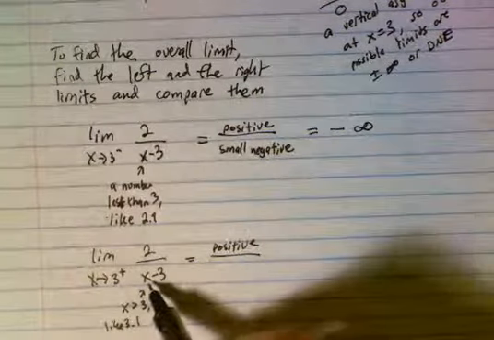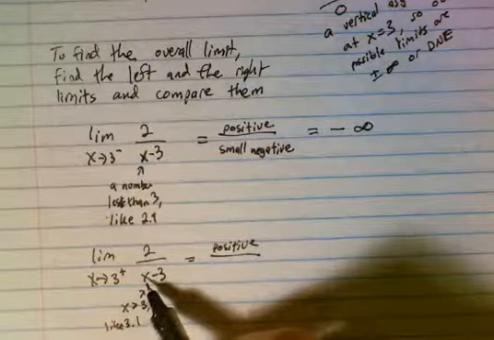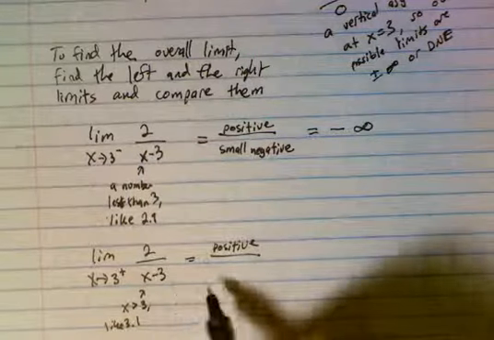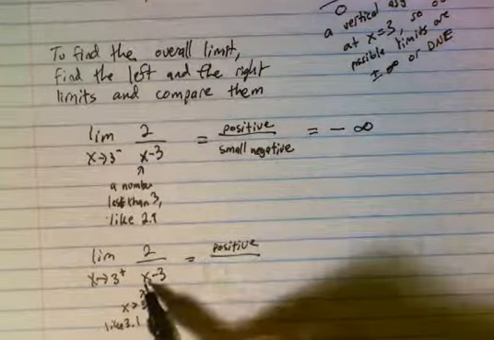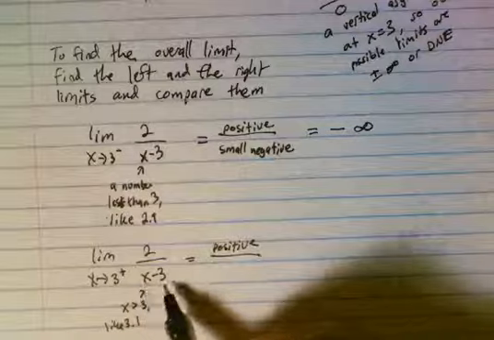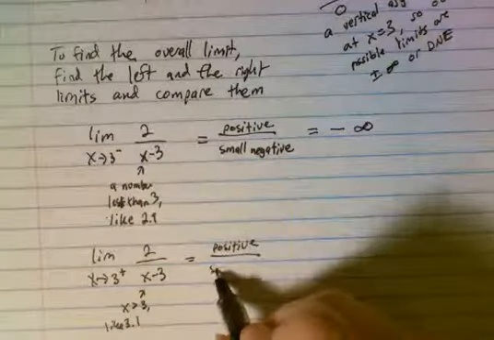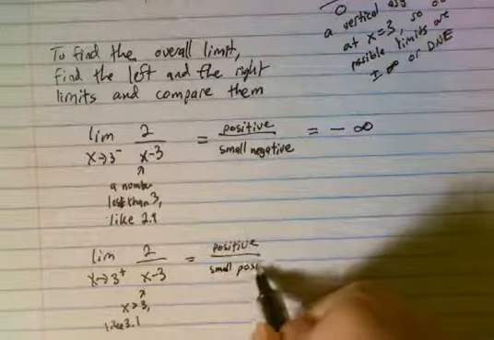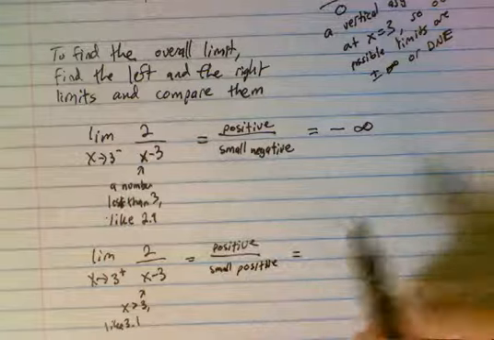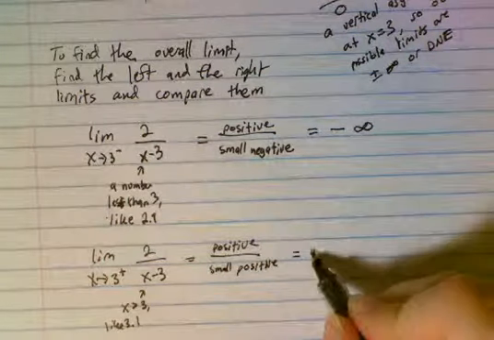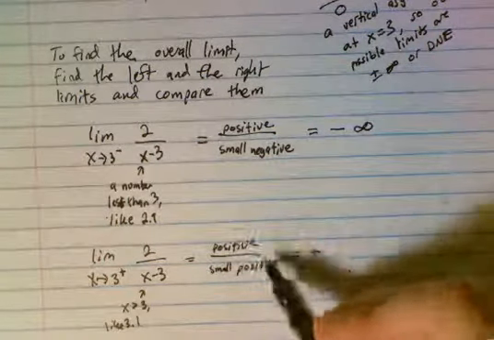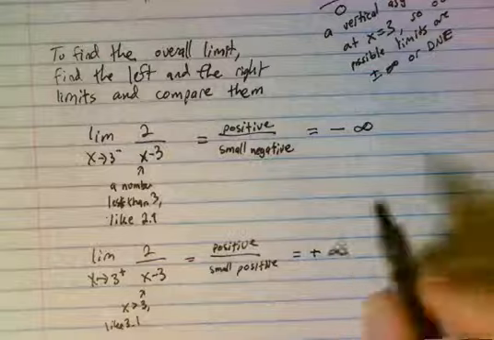And if this is 3.1, 3.01, 3.00001, whatever, as long as it's coming from the right, it's going to be a little bit bigger than 3, so that it minus 3 gives us a very small positive. Positive divided by positive is positive, and a number divided by a very, very small number is going to be infinity.